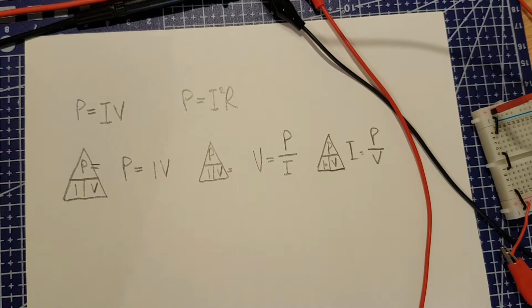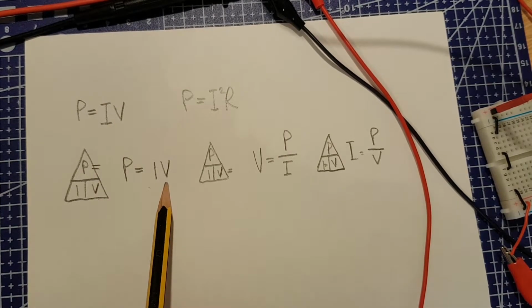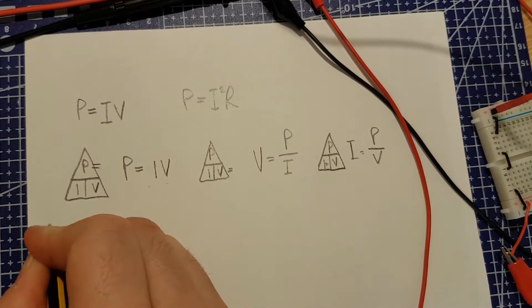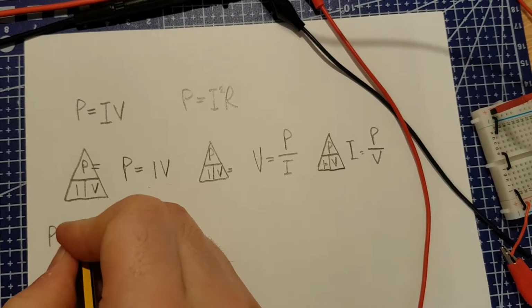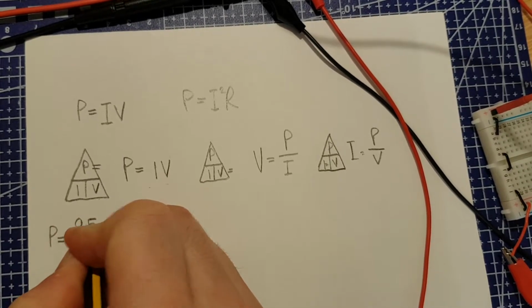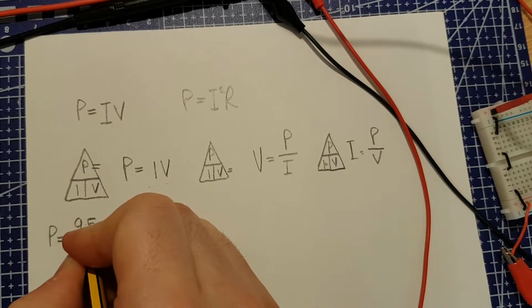Okay, so using this, we're going to take our original circuit with our 330 ohms, and we're going to measure how much power was actually going through that resistor. So our power is equal to current times voltage. In our original circuit, the power is going to be equal to our 9.5 milliamps, expressed as amps.